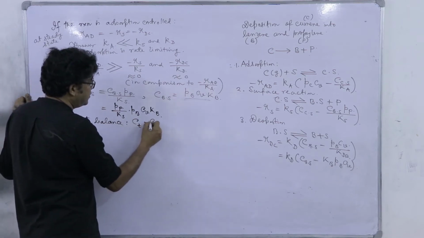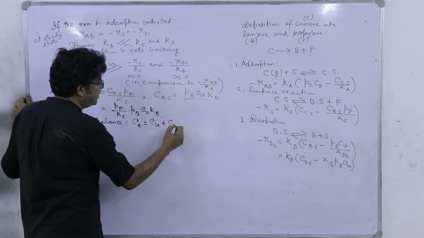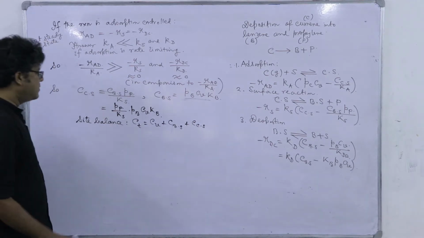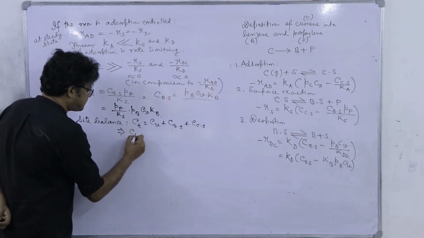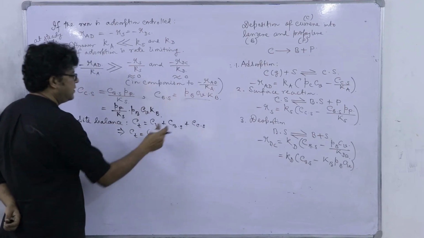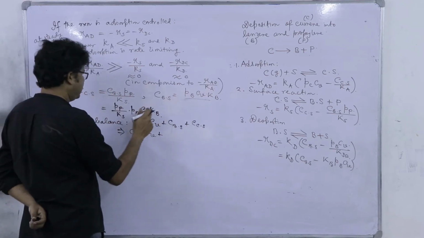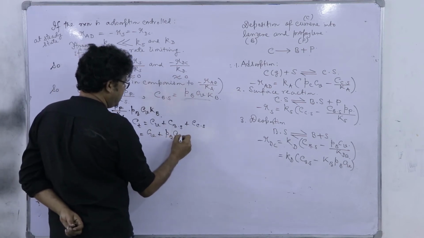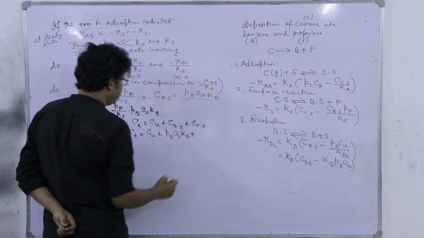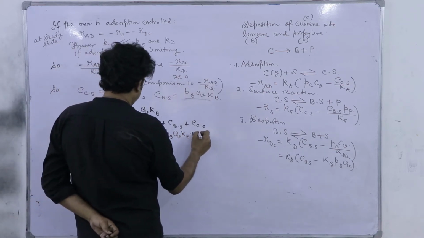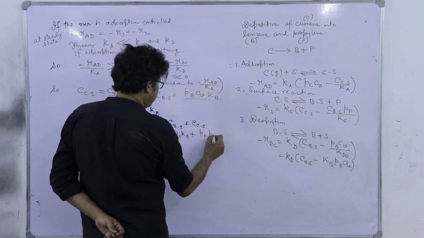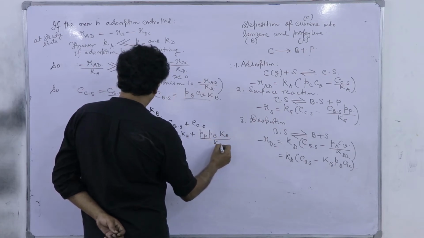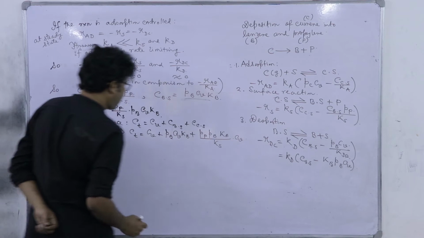Ct is equal to Cv, the free sites, plus Cb dot S plus Cc dot S. So, we have Ct equal to Cv plus Cb dot S, with Cb dot S being Pb into Cv into Kb, plus Pp Pb into Kb by Ks into Cv.